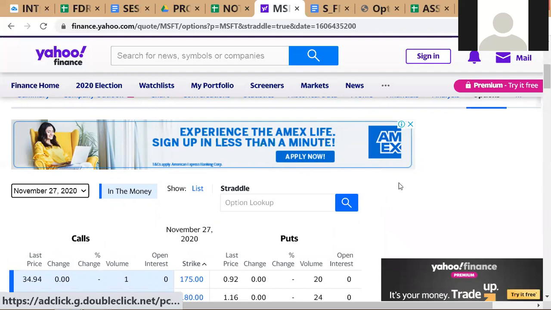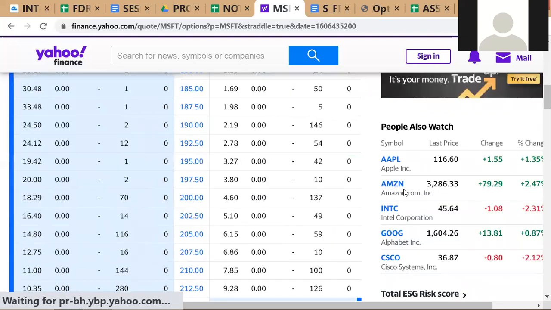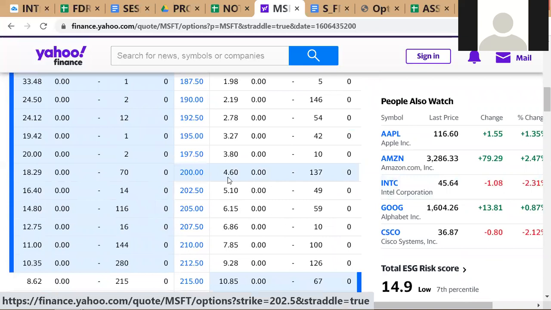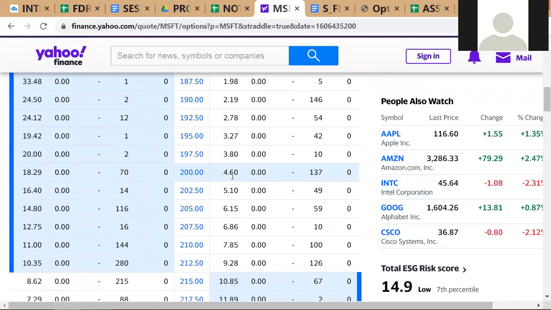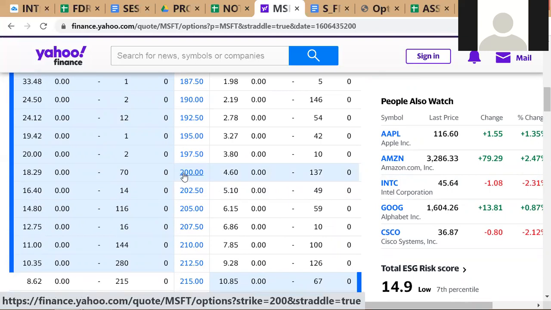They will update it. Now you can see the 200 call is 4.6, whereas the price was 0.7 before. So it's almost a $4 increase in the price because we increased the expiration by about 3 weeks. So this is what strike price means.